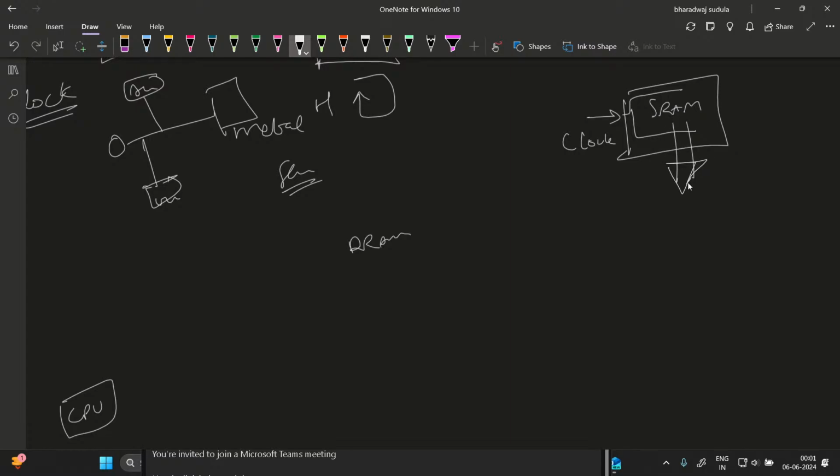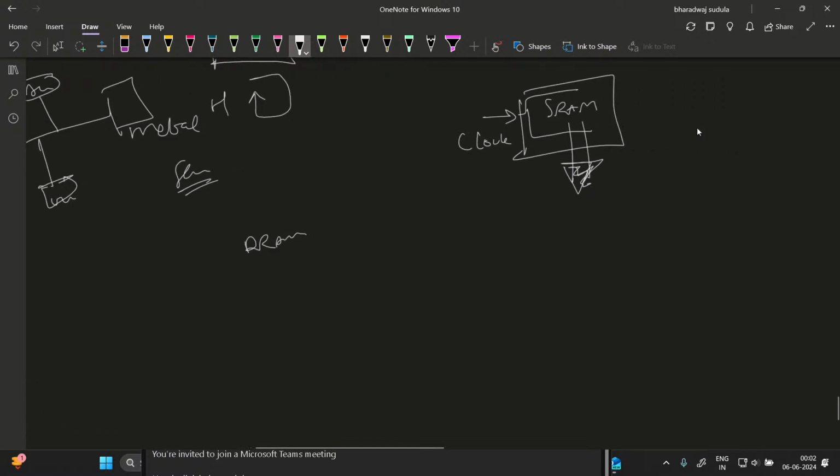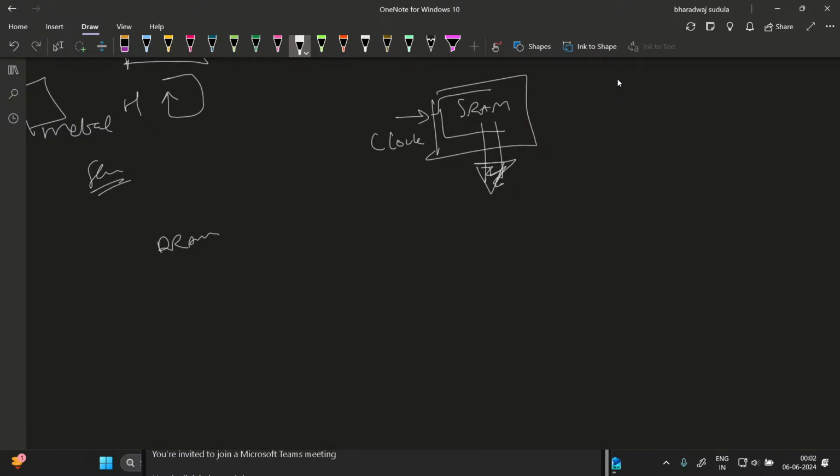Are you saying this? No, for operating a single block in a CPU, like ALU block or control unit, anything. So why don't we use that same clock for SRAM to access data?